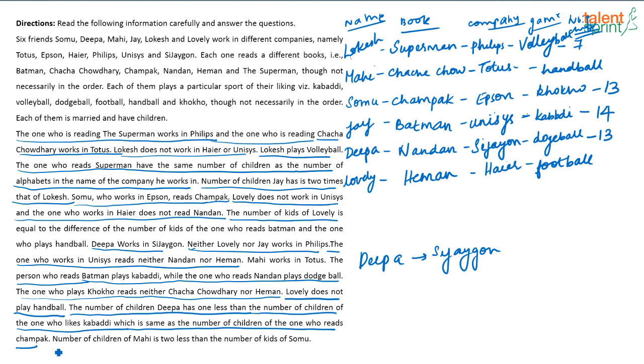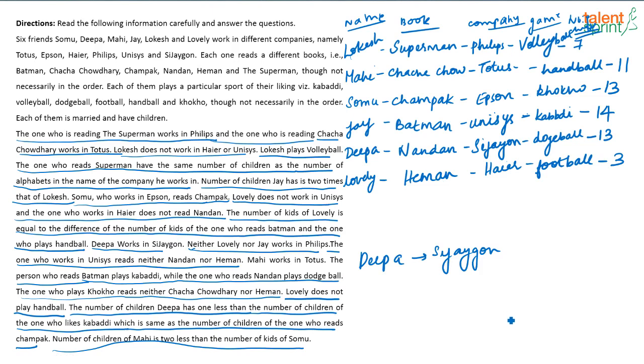Now number of children of Mahi is 2 less than the number of kids of Somu. So if this is 13, this is 11. So what is the only person whom we are left with here? The number of kids of Lovely is equal to the difference of the number of kids of the one who reads Batman and the one who plays handball. Batman is 14, handball is 11. 14 minus 11 is 3. So this is your final arrangement.